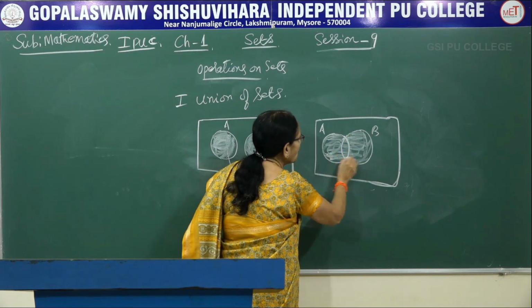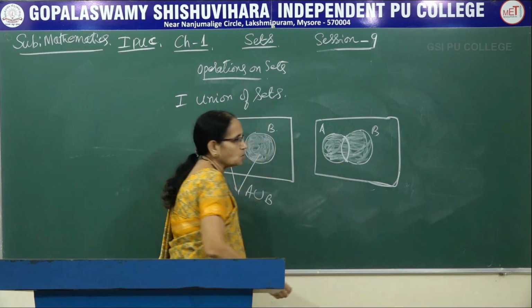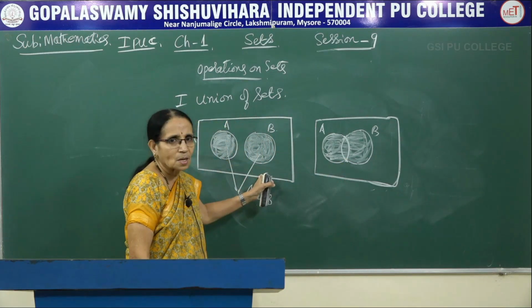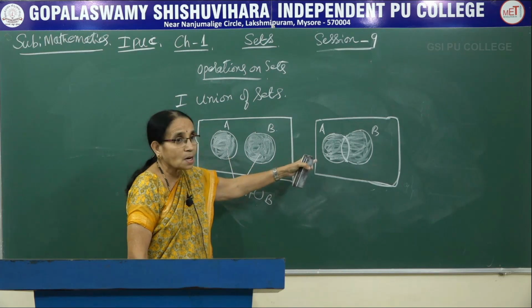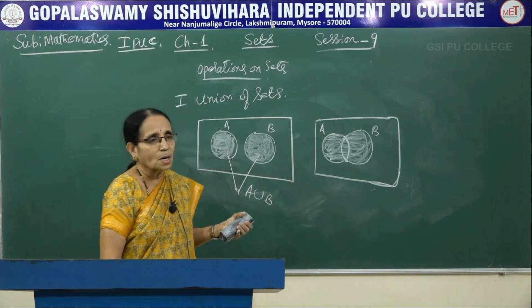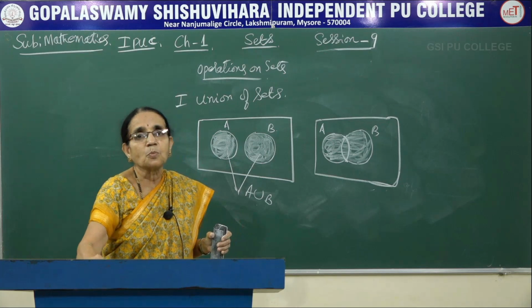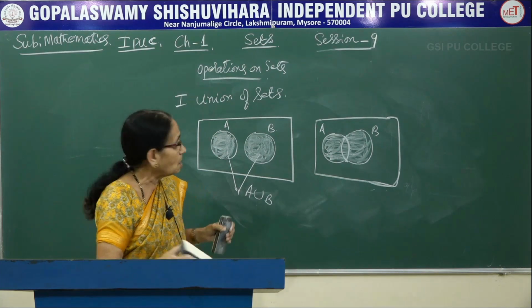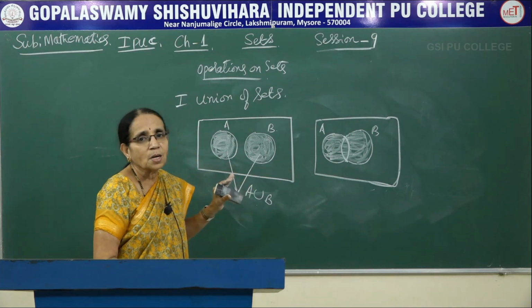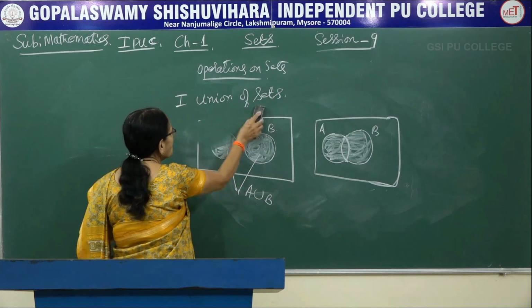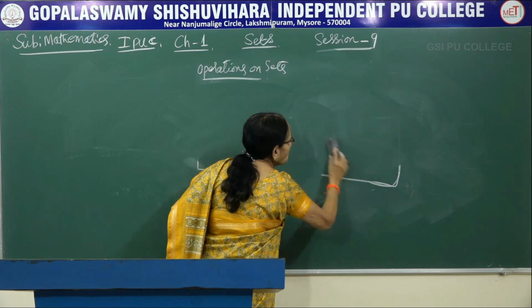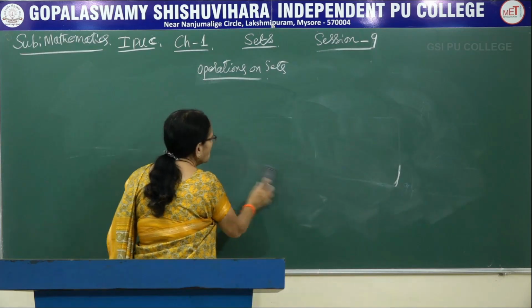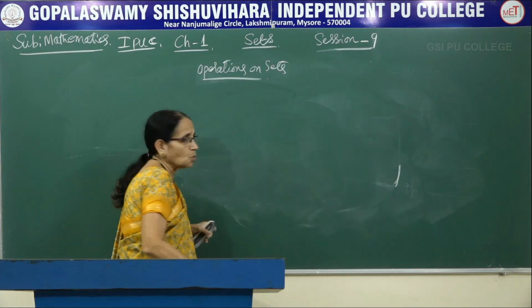Of course, this in-between line would be there. Whether they have a common element or they do not have common elements, you have to shade both the sets A and B. That always gives you the union of two sets, so that we can represent them with the help of a diagram, or geometrically.